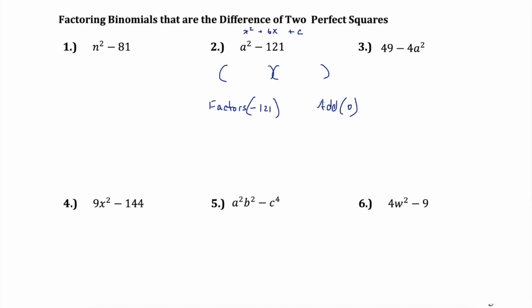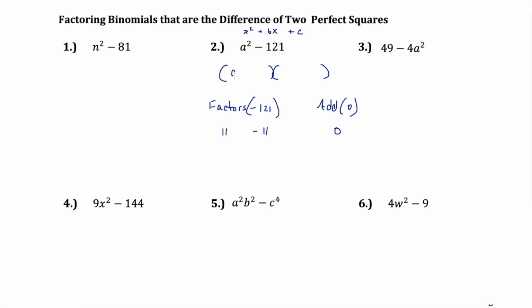In order for two numbers to add up to 0, one has to be some number, and we're adding the negative of that same number. So what are the factors of 121? Well, the square root of 121 is 11. So we have a positive 11 and a negative 11 to give us negative 121, and these add up to 0.